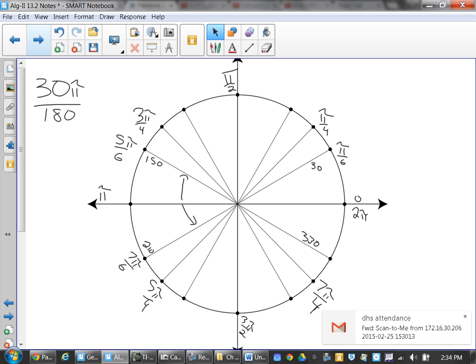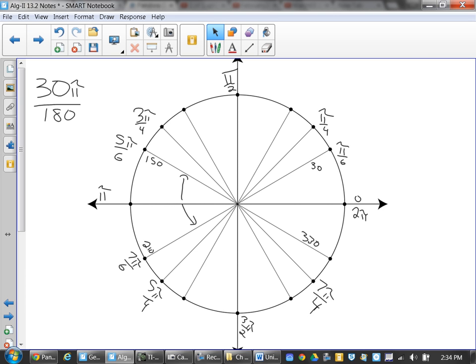Now think of this in terms of a whole, 2. If I wanted 2 rewritten with a denominator of 6, that's 12 over 6. So what's 1/6 less than 12? 11.